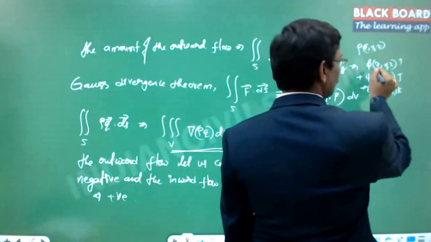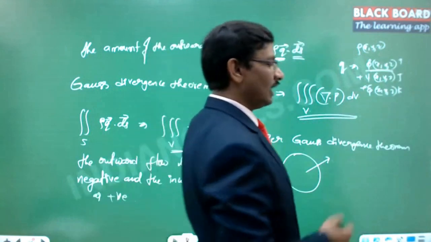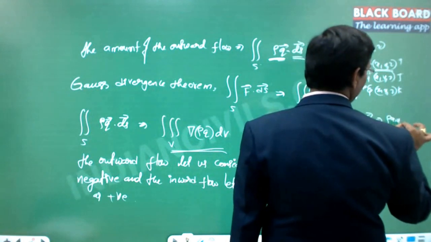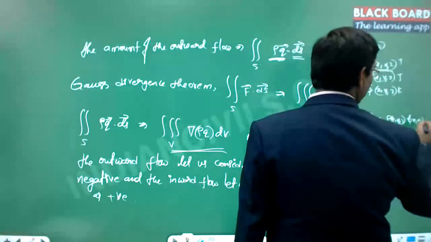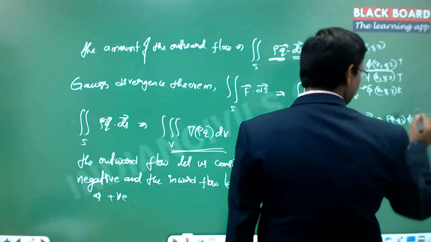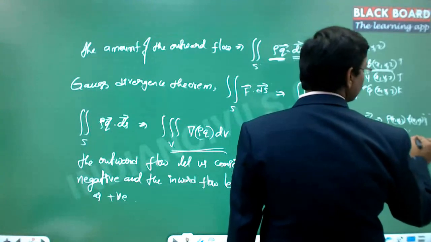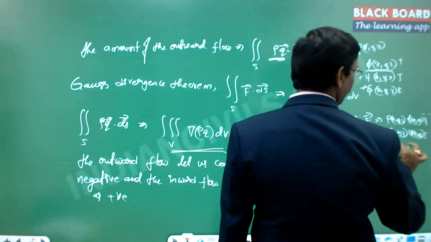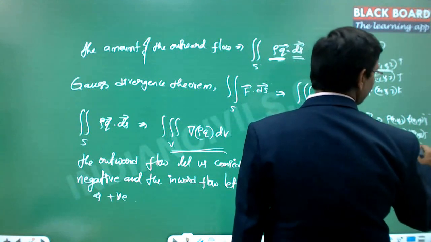If you multiply these two, two different functions get multiplied. Now you will get one more vector, f is equal to rho of x, y, z into phi of x, y, z into i. Similarly, rho of x, y, z into psi of x, y, z into j. Similarly, rho of x, y, z into xi of x, y, z into k.